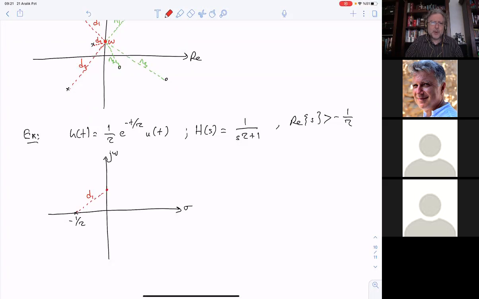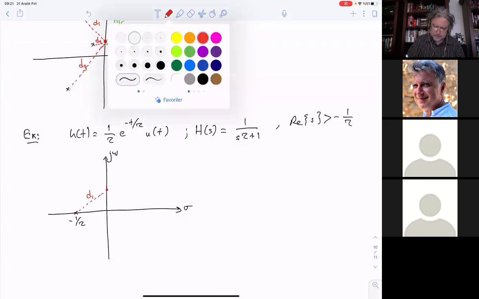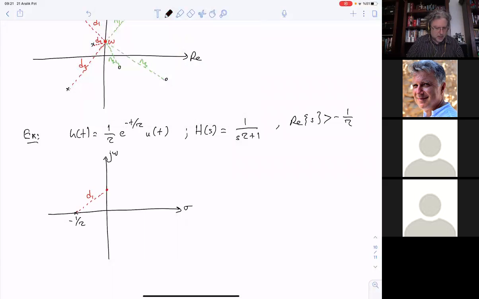We have only one pole, and this is the situation. So h of j omega in magnitude will be equal to a constant times this distance. By the way, this point is the omega point, and the length of d1 is what we are looking for. What is the length of d1?